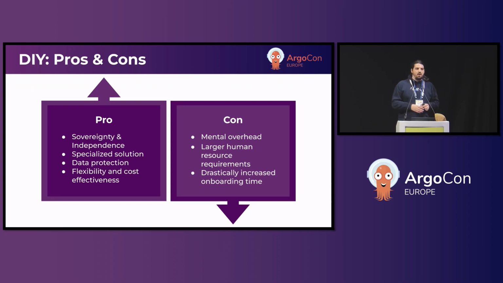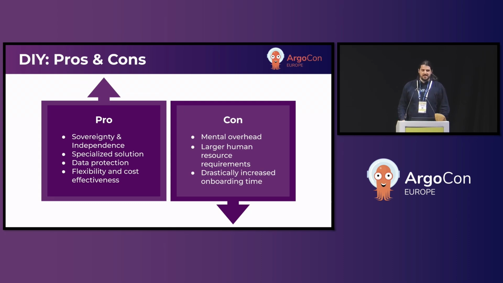The pros are obvious. You get independence and sovereignty when you do this because you have everything in your own hands and you can build the system you want to have. You can have really specialized solutions here. You can have much greater data protection when you want that. But the cons are also really large.